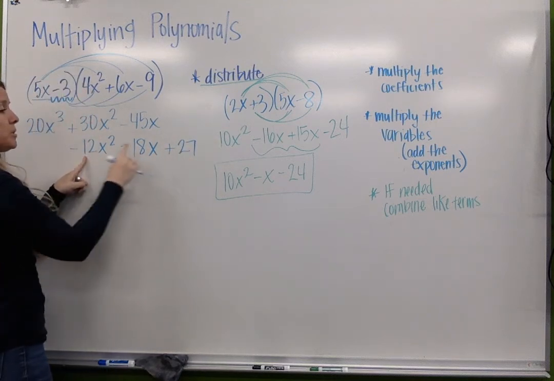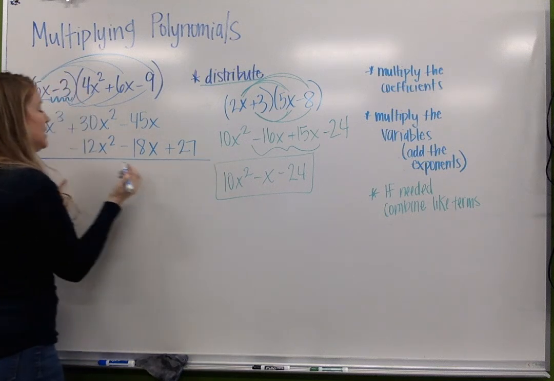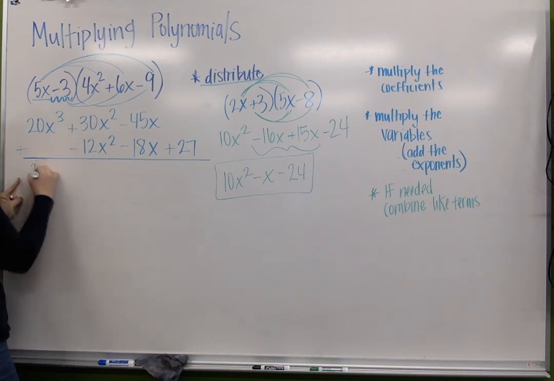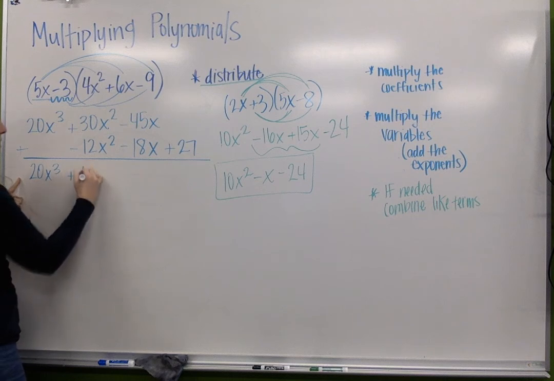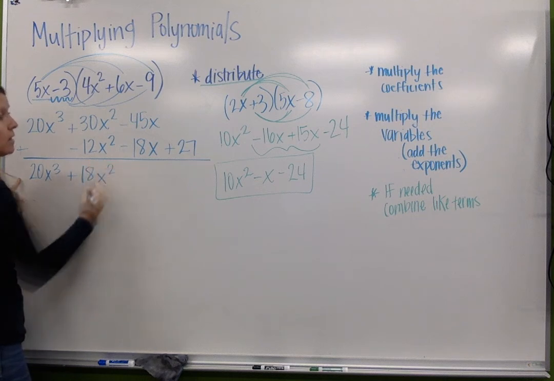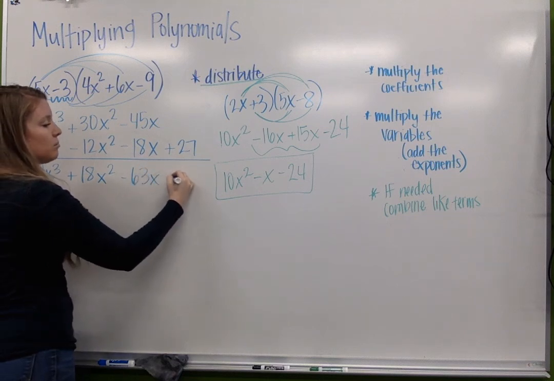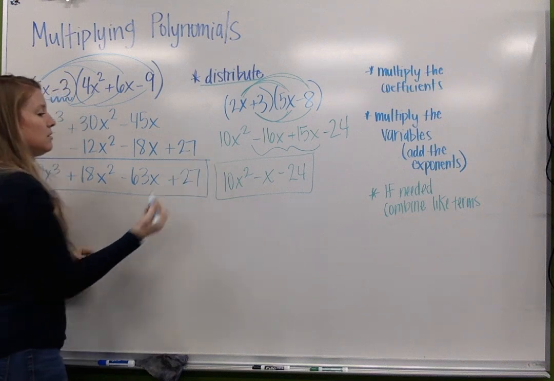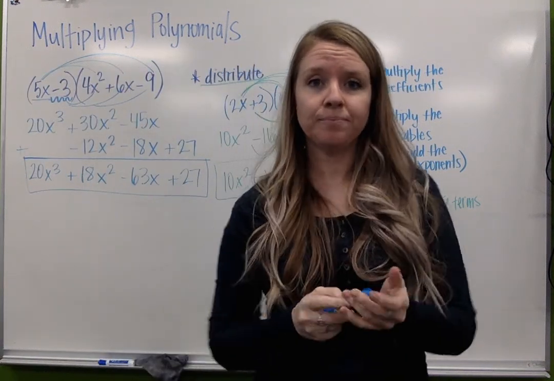I've already grouped my like terms, so I've just created this giant addition problem. So I've got 20x cubed, plus 18x squared, minus 63x, plus 27. And here is my product of my binomial times my trinomial.